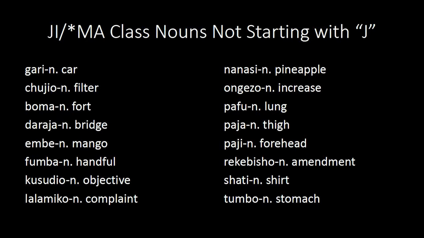Embe, mango. Fumba, a handful, like a handful of peanuts, a handful of popcorn. Kusudio, this is objective. What is your objective? What is your aim? What is your intention? Lalamiko, complaint. I said lalamika because actually lalamika is the verb form and it means I complain, but this is the actual noun, the complaint itself. Lalamiko.